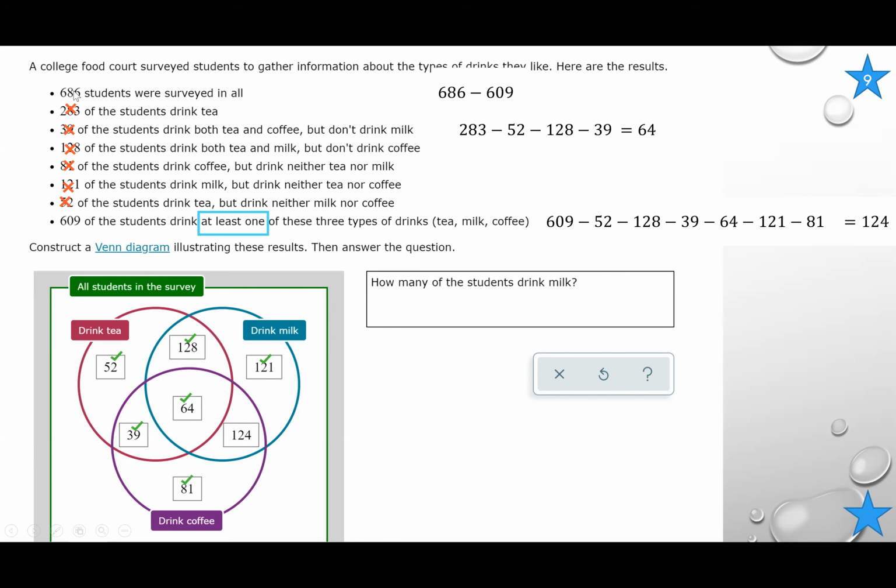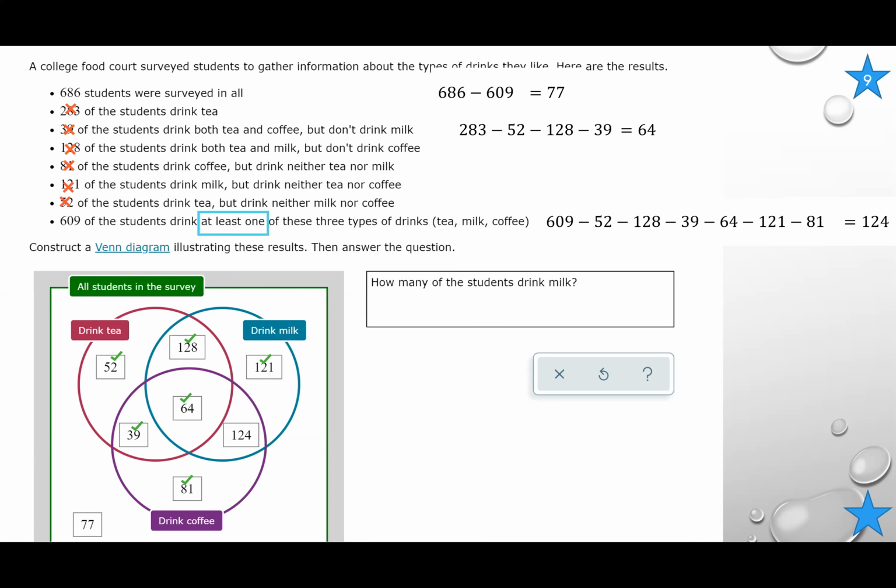And lastly, we know that what we have is at least 609. We can take the total 686 minus the at least to give us 77 people who do not drink any of these 3 items. They may drink soda, right? They might drink Coke or Sprite.